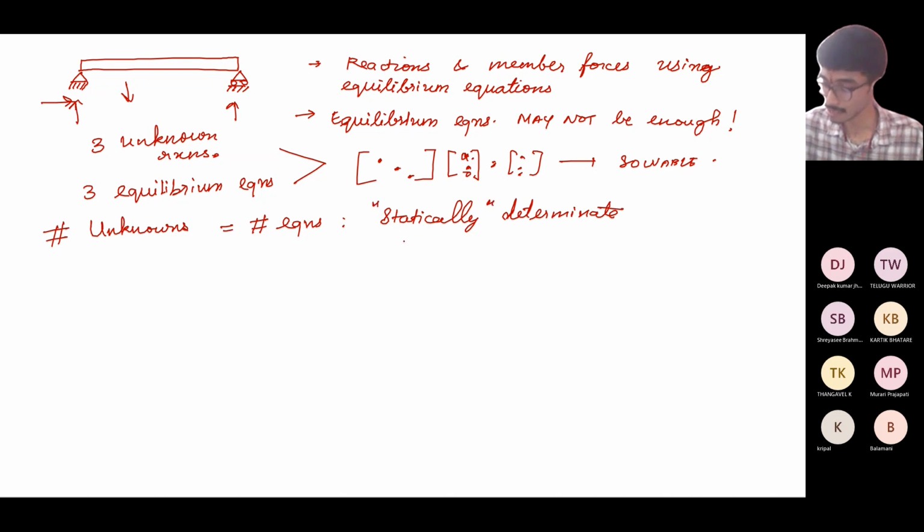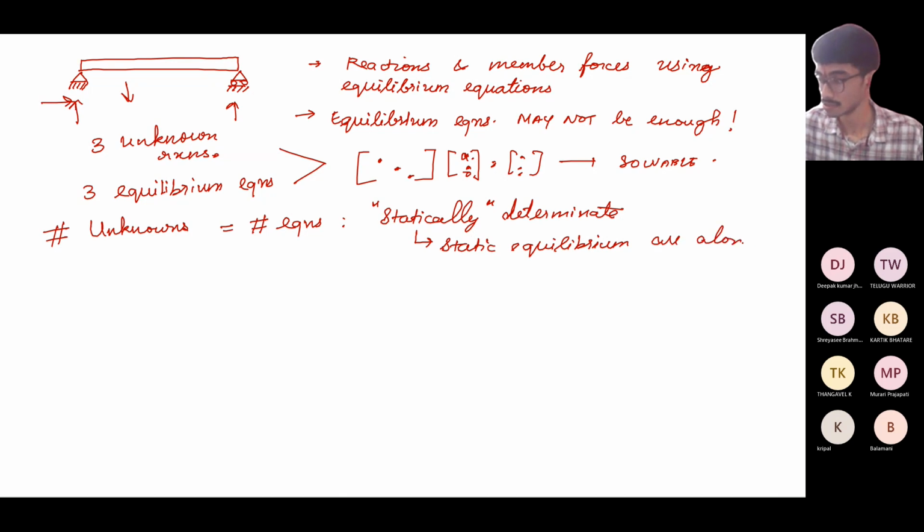So what does statically mean? It means that the equations of static equilibrium alone are sufficient. So all the structures that we'll be analyzing will be statically determinate structures. Statically indeterminate structures will come at a later point of this course. So if you have statically indeterminate structures, for example, you consider this beam, it is fixed at both the ends.